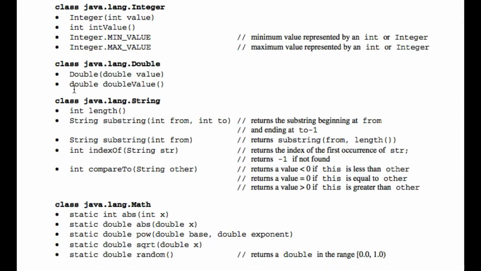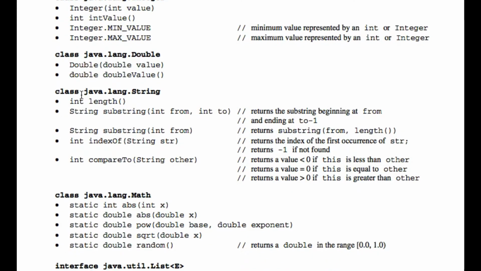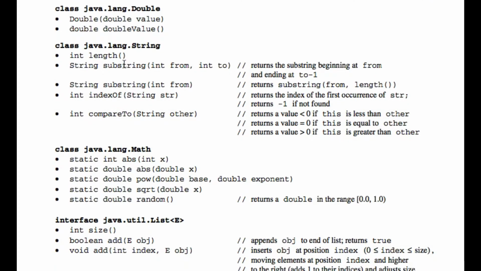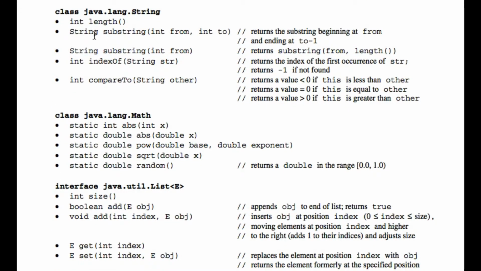The next is Double, which is just a variation on Integer, so I'm not going to spend any time on that. String. There's some useful stuff here. If you forget exactly what from and to mean in substring, especially to, it's easy to forget, does it include the value for to?